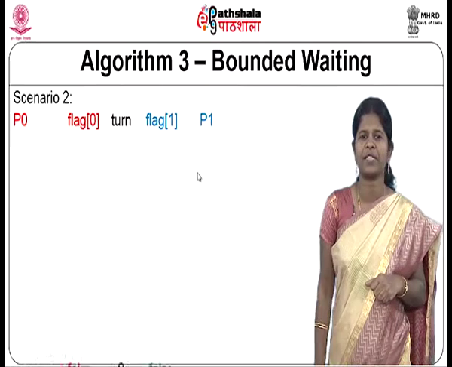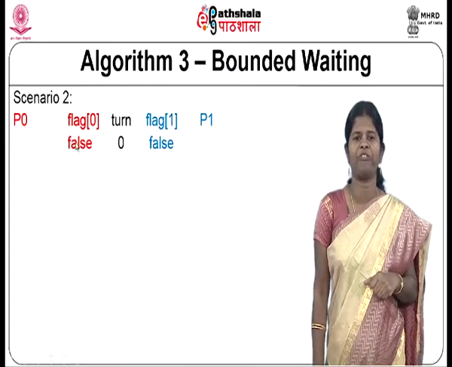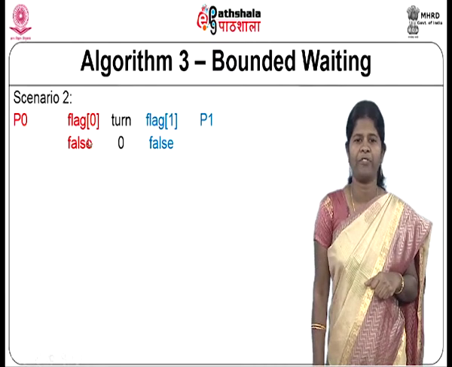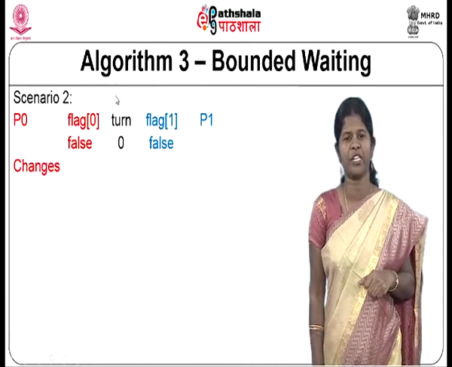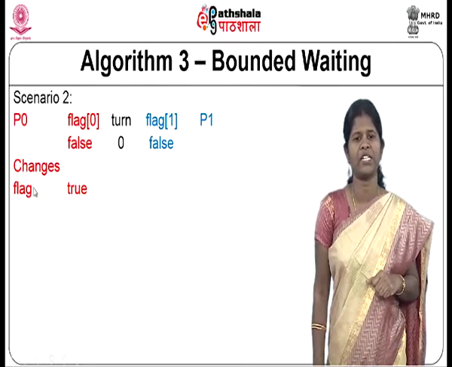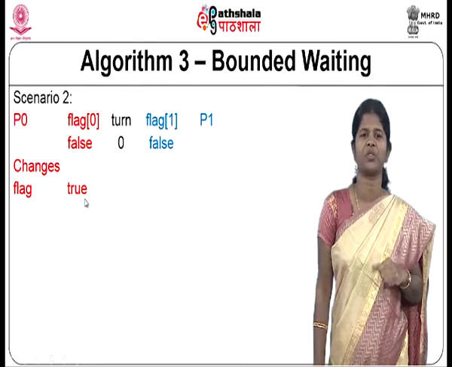See, look at this scenario where you have process P0 and process P1 and flag set to false initially, initial value of turn is 0 and P0 is first trying to enter critical section, it changes its value of flag to true.